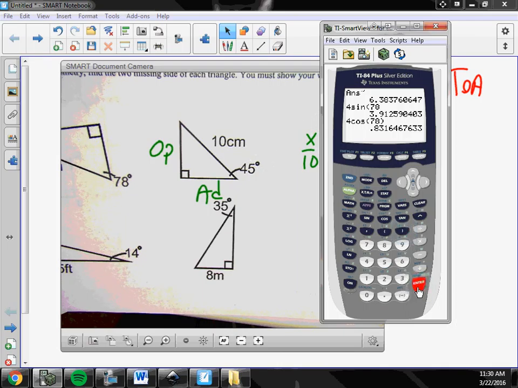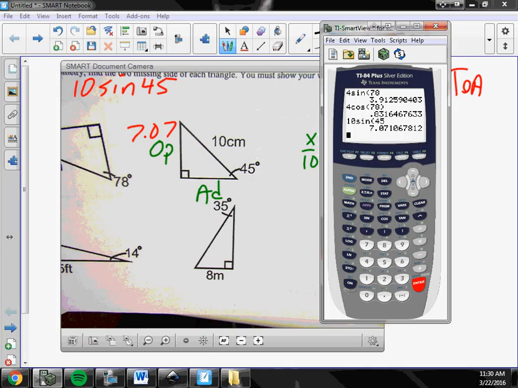Well, you can call it whatever you want. Some of the worksheets say X, some will say opposite. So 10 sine of 45 is 7.07. And that was calculated by doing 10 sine of 45.